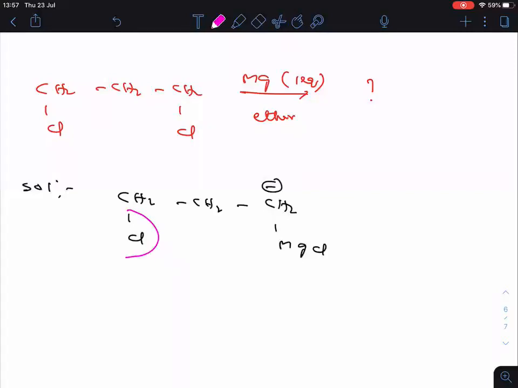Here chlorine will depart out. Then this negative charge will come here. Followed? Then the product formed is cyclopropane.